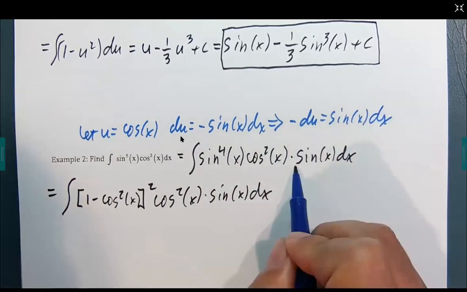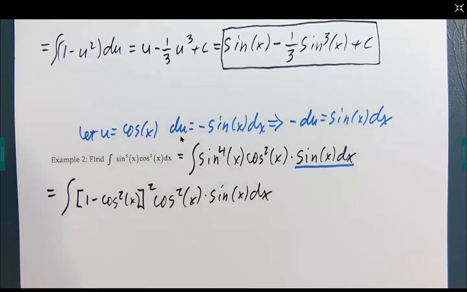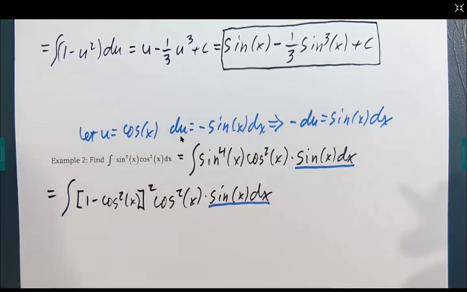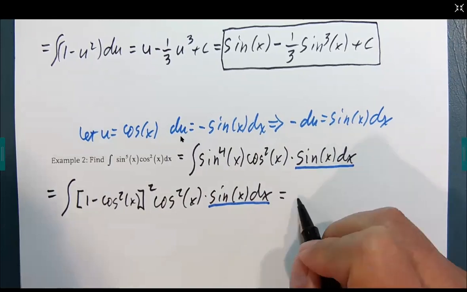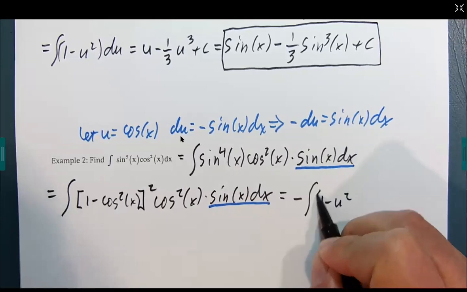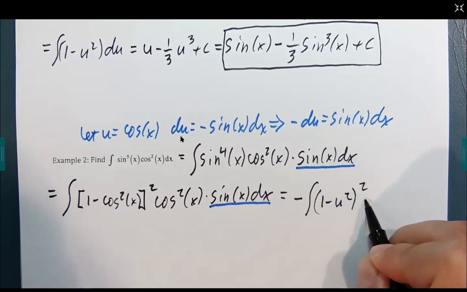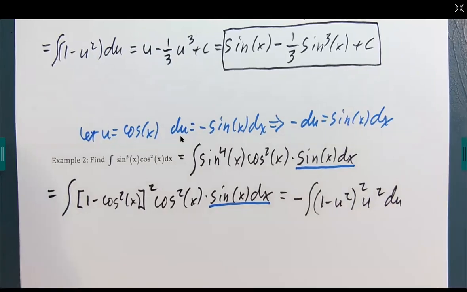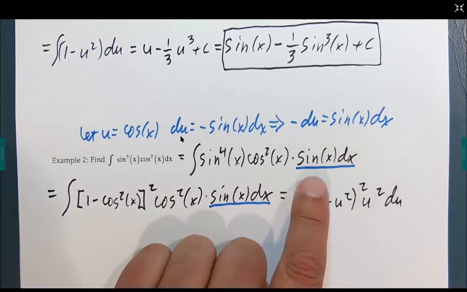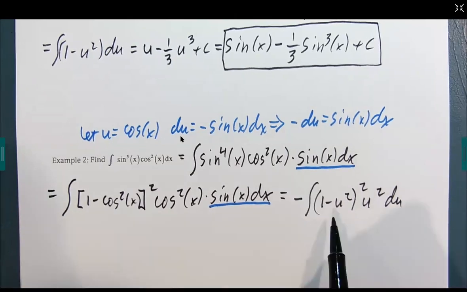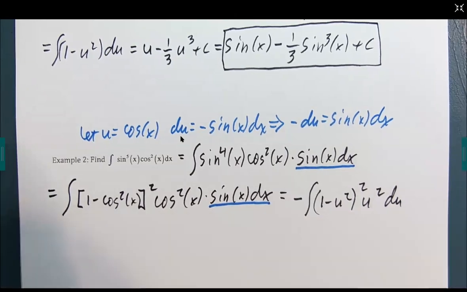You can see it right there. So this becomes negative the integral of 1 minus u squared squared u squared du. So we're, again, deliberately saving off that derivative. I'm going to go ahead and FOIL that and then distribute the u squared.